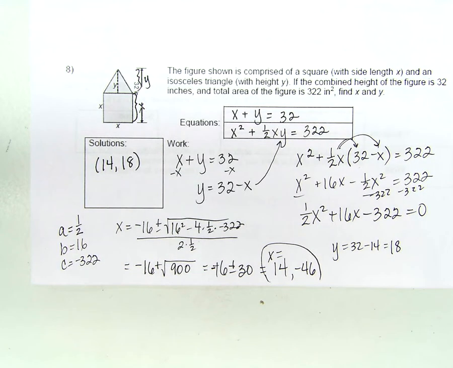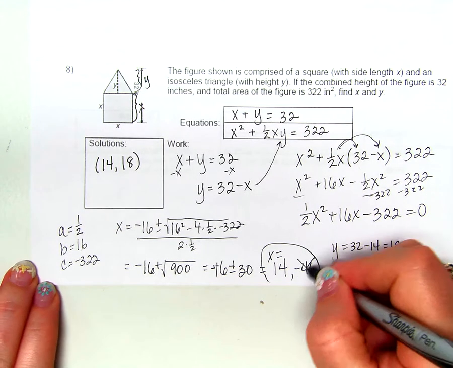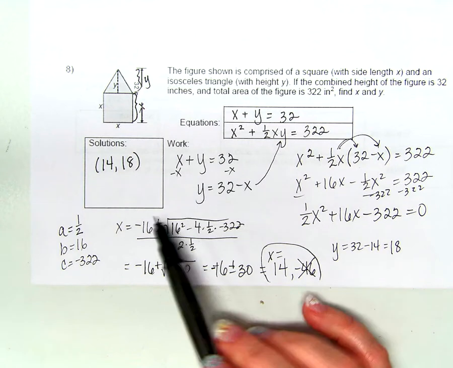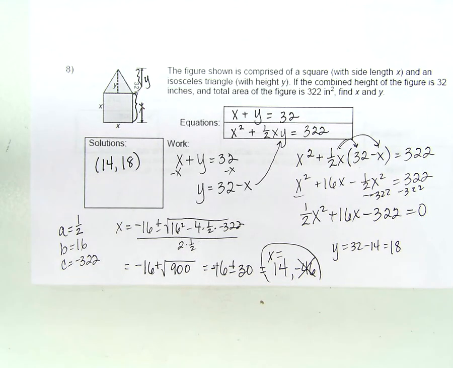So earlier, someone had a problem with this, and I have to agree with them. What's our other solution? We don't have one, do we? Because negative 46, we've decided we can't have the length of a square be negative 46 anythings. Why do I think there's another solution?